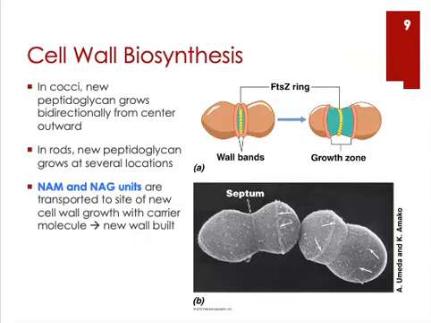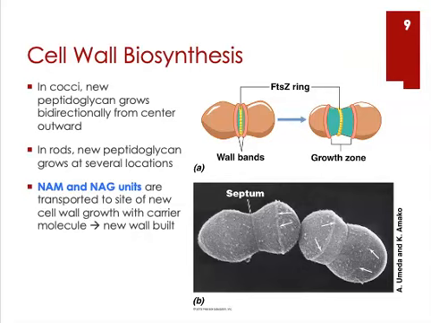The new peptidoglycan is going to be synthesized bidirectionally from the center outward. In comparison, when you watch a rod-shaped cell undergoing elongation during binary fission, new peptidoglycan will be added at several points along the length of that cell.